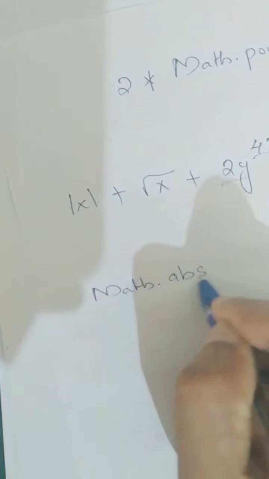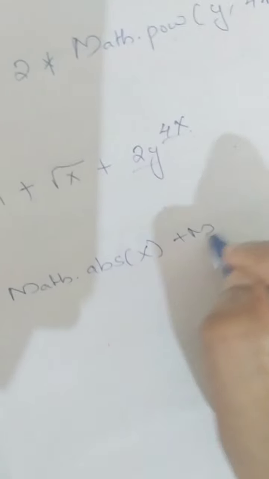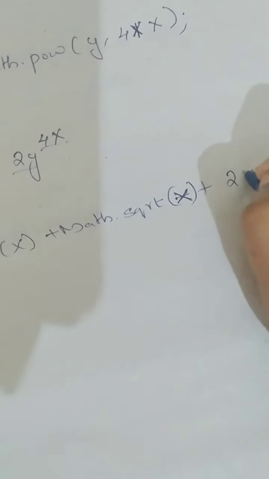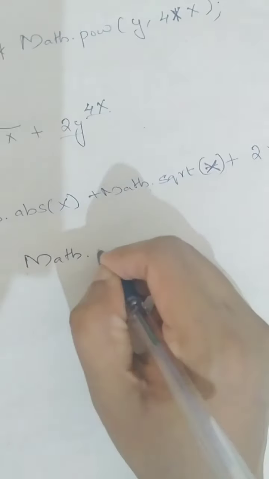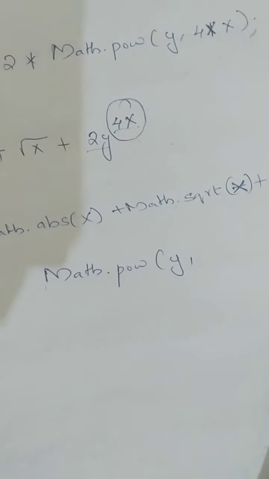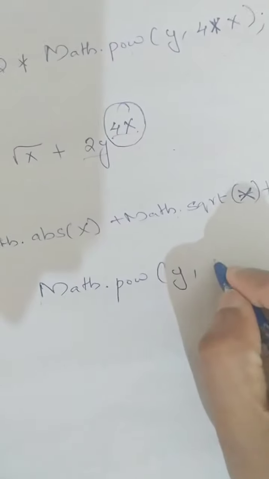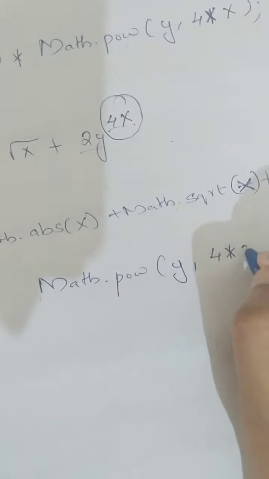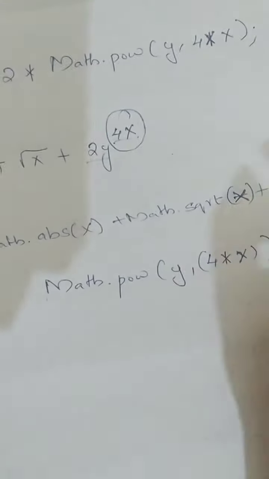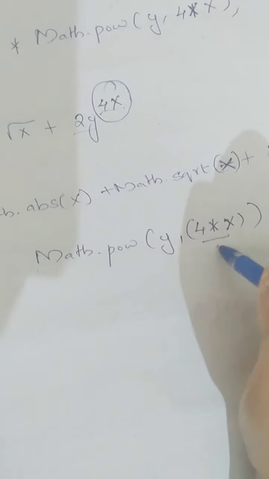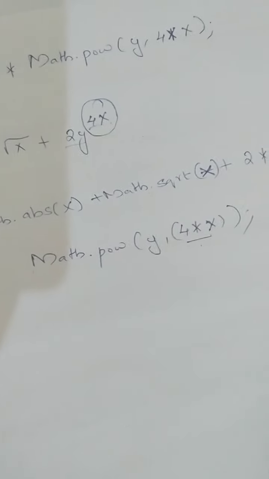Math.abs(x) + Math.sqrt(x) + 2 * Math.pow(y, 4 * x). See, y raised to 4x, so you have to write 4 * x. You should not write 4x. It should be 4 * x and semicolon.